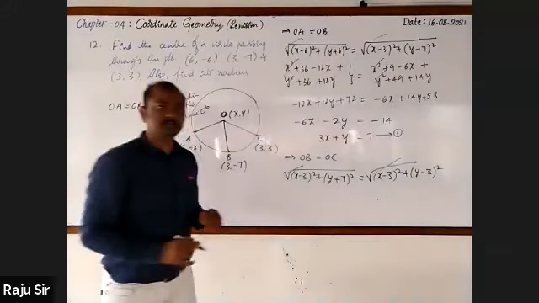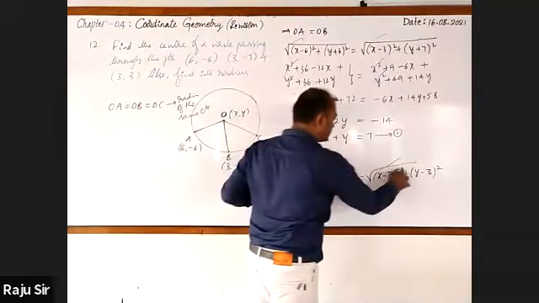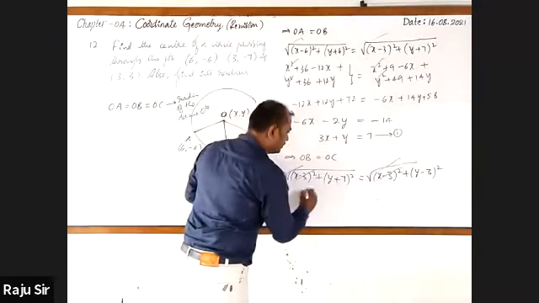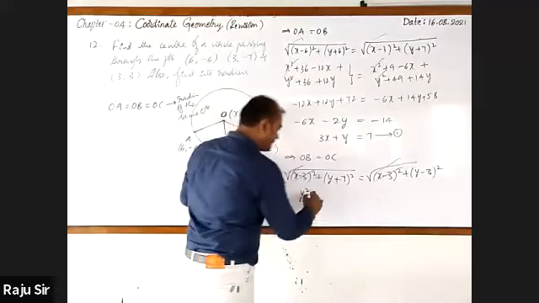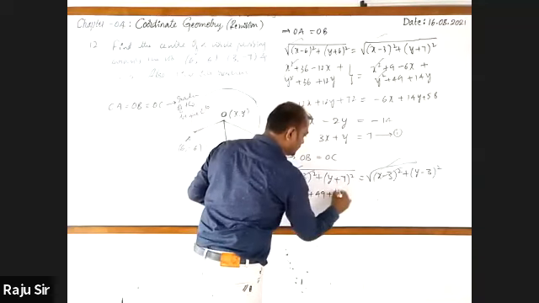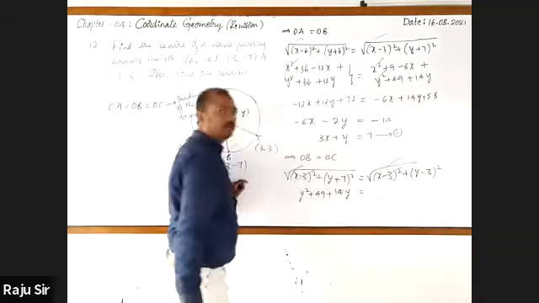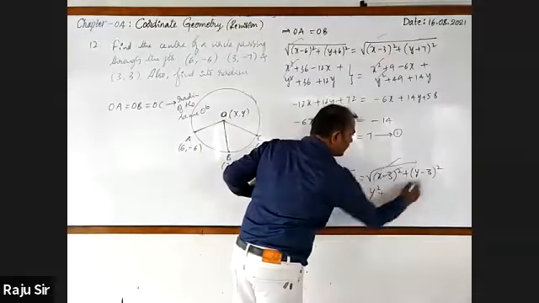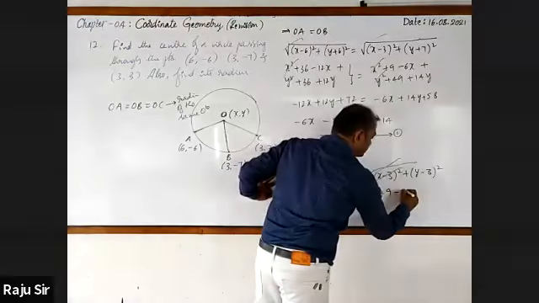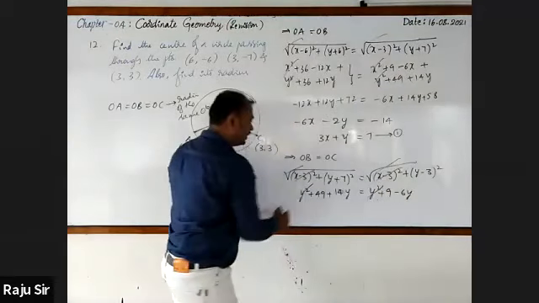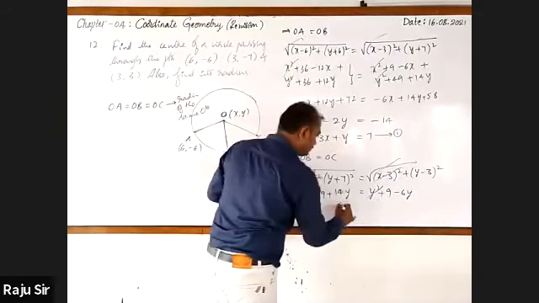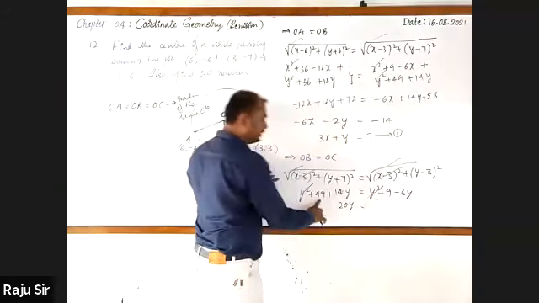Root cancels out. Similarly, x minus 3 whole square gets cancelled. It will be y square plus 49 plus 14y is equal to y square plus 9 minus 6y. Y square cancels out. 14y plus 6y, 20y is equal to 9 minus 49.